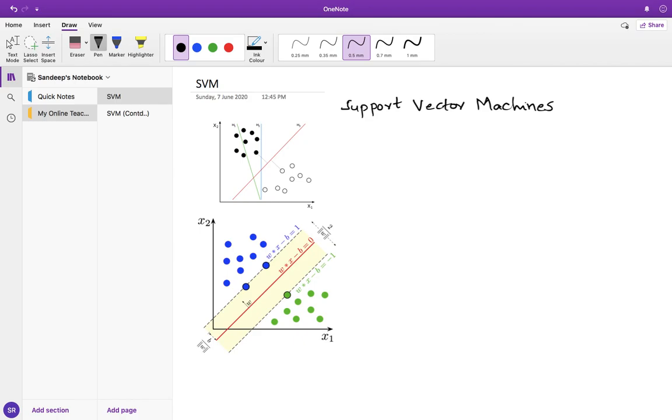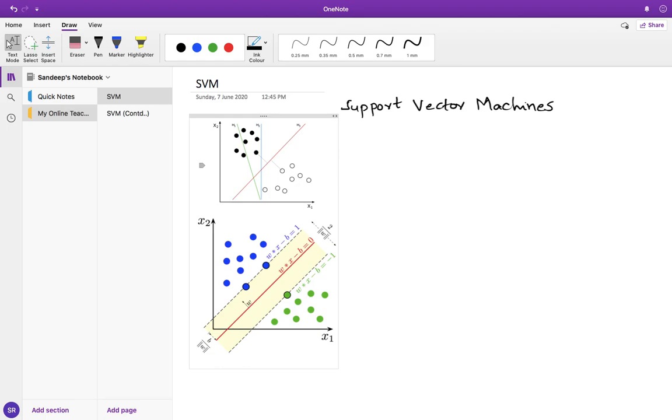As you all know, support vector machines fall under the category of supervised machine learning algorithms. In supervised machine learning, we have class labels associated with training examples, and our job is to classify.